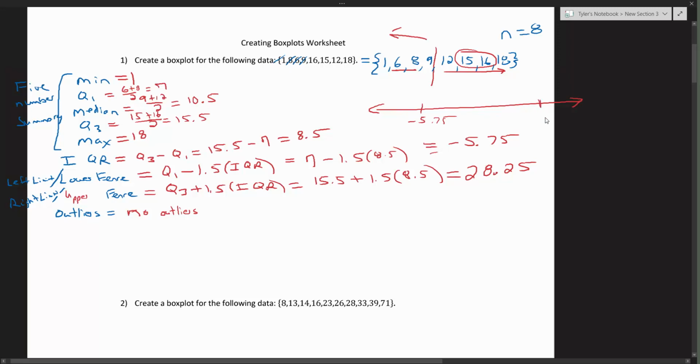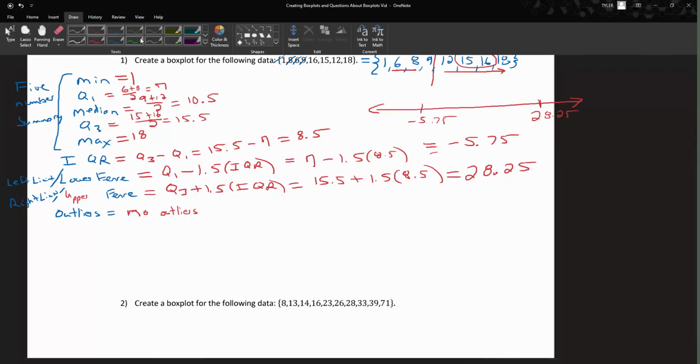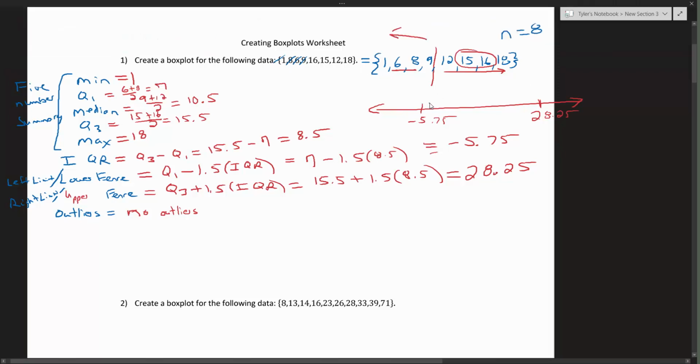And then here is my upper fence, 28.25. So all the numbers in between here are good, right? They are non-outliers. Everything in between here.